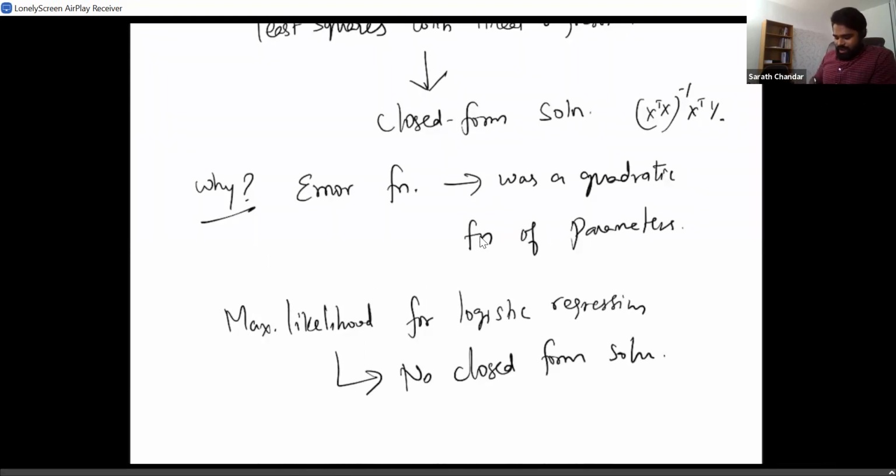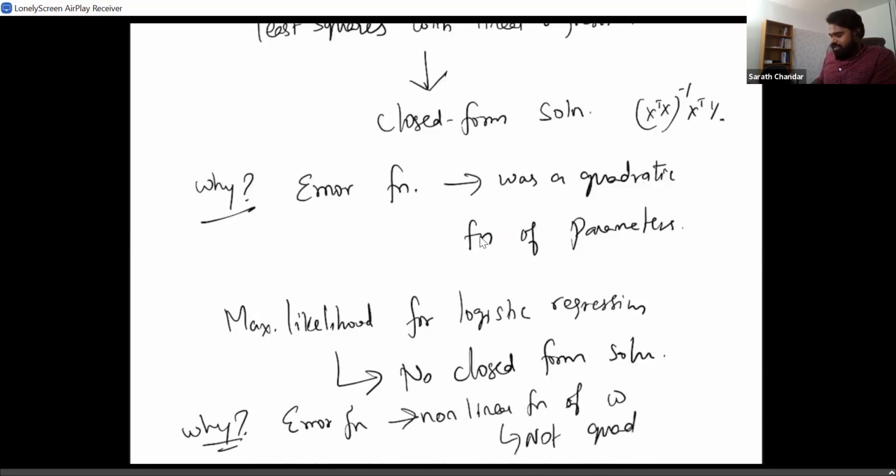Why? Because in this case the error function is a non-linear function of W, which is not quadratic. This is mainly because of the sigmoid activation function that we are using.